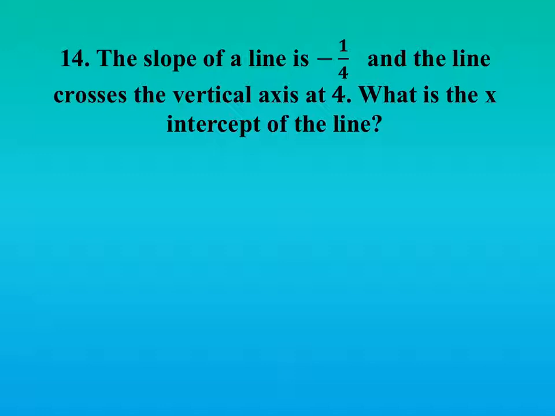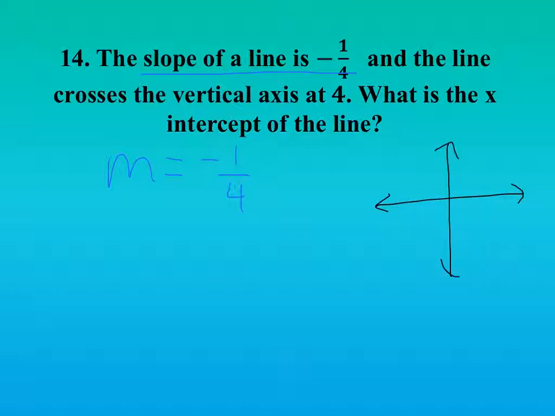Well, first of all, it gives us our slope. So m equals -1/4. What else does it give us? Well, it tells us that the line crosses the vertical axis at 4. What's our vertical axis? Well, think about your x and y.